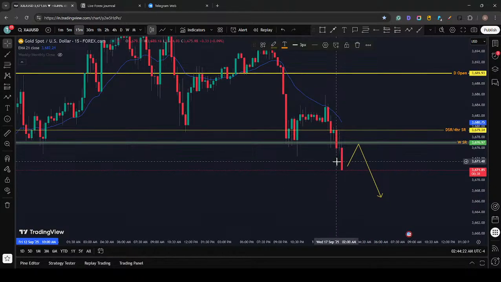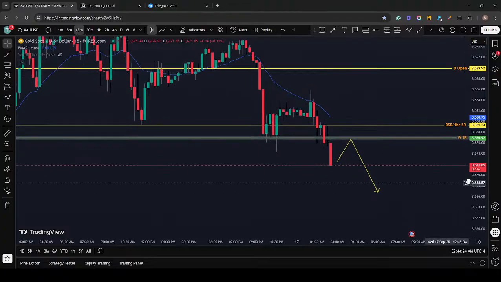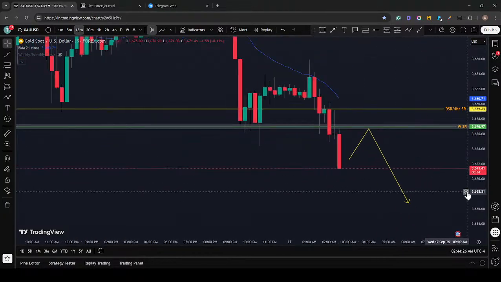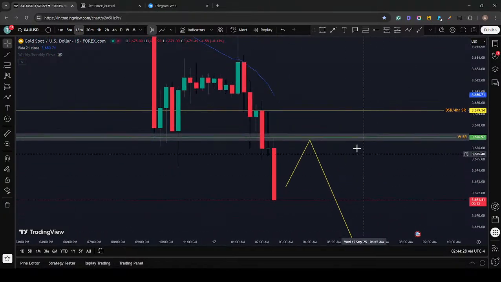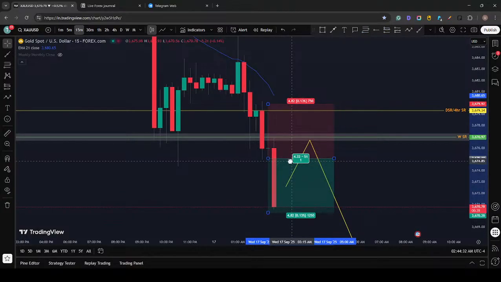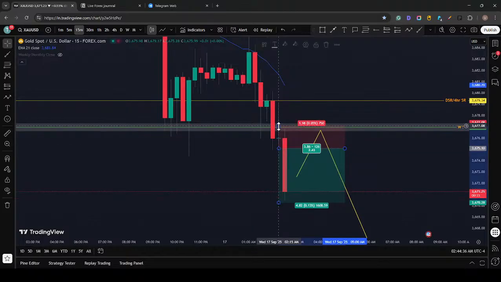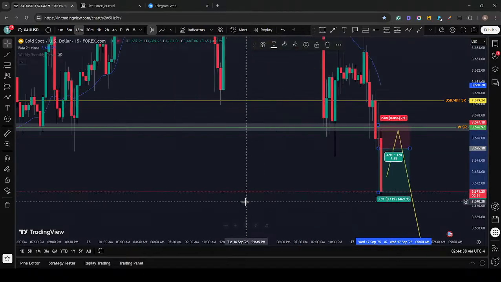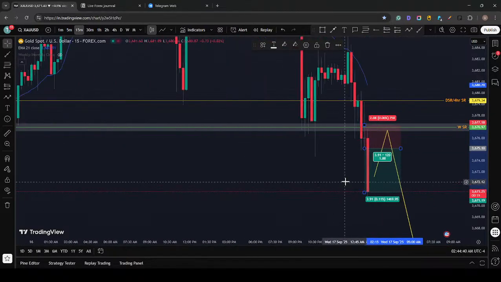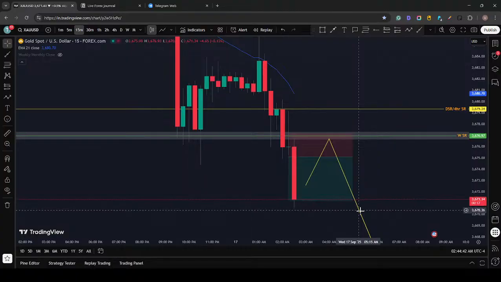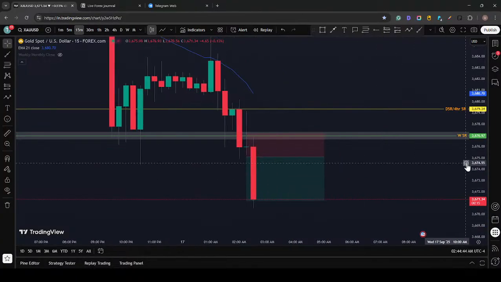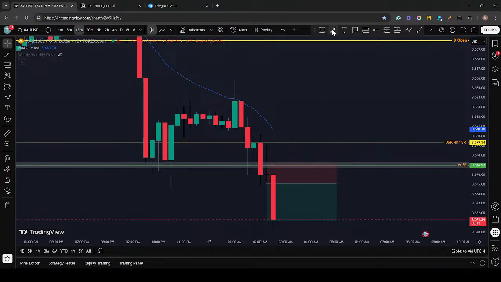Now I'll take the screenshot of this trade and draw it in my journal. Now I'm going to journal it in my trade setup journal.